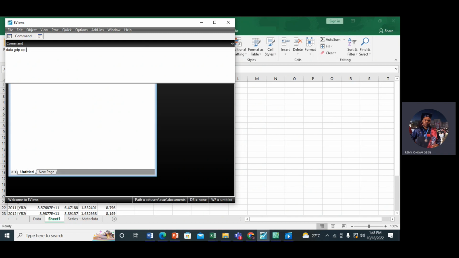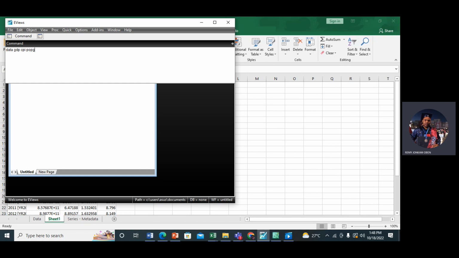CPI stands for Consumers Price Index. It's a proxy for inflation. GDP is Gross Domestic Product, proxy for economic growth, right? Population growth and unemployment. Once you, yes? There's no data? Okay. Then let's work with those 3. So now I have these 3 variables.